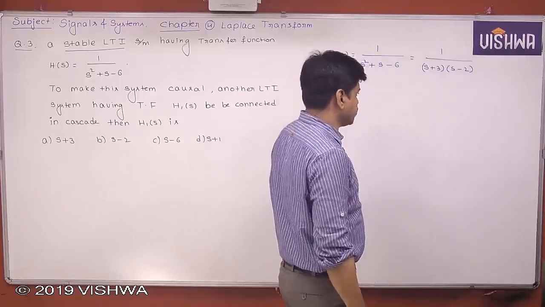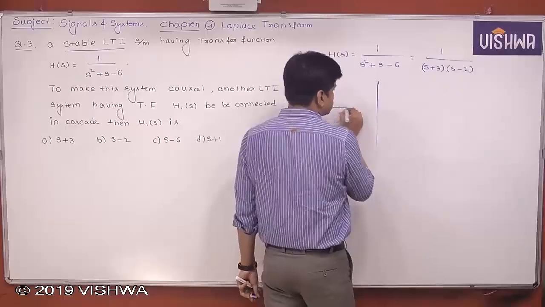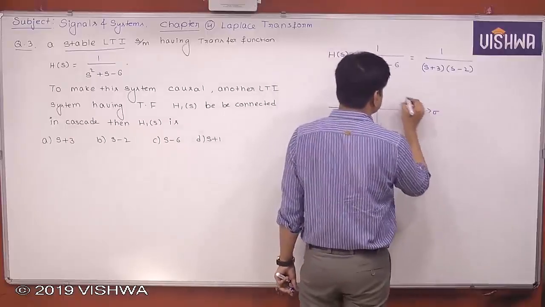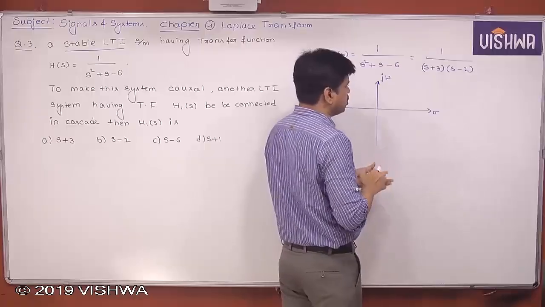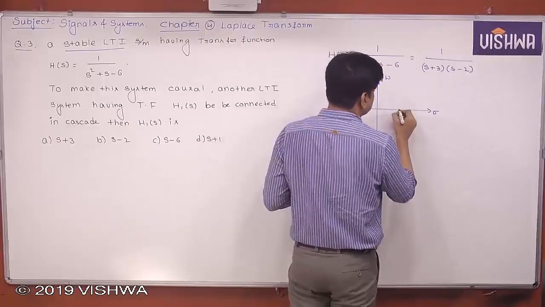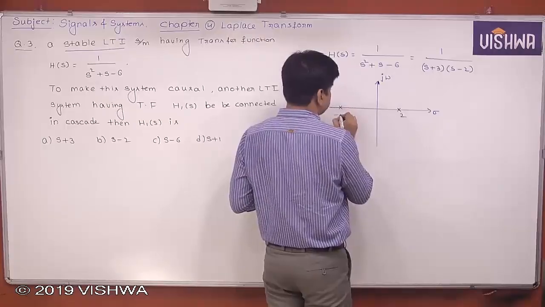These are the factors we have. That means we have the pole-zero pattern which is like this. Sigma axis, J omega axis. Where are the poles? One is at 2, another one is at minus 3.